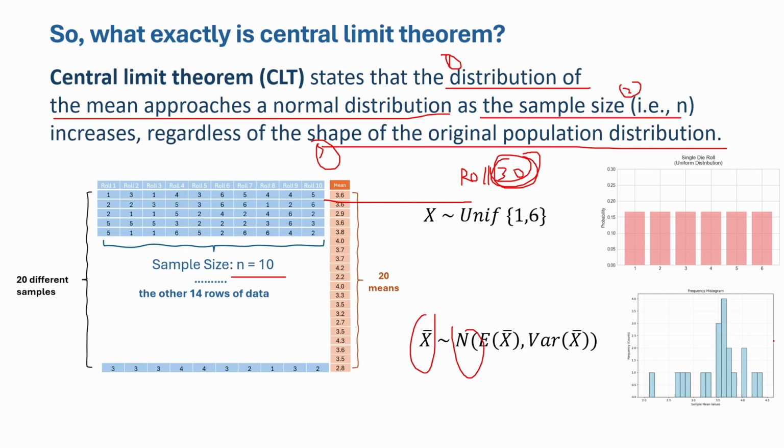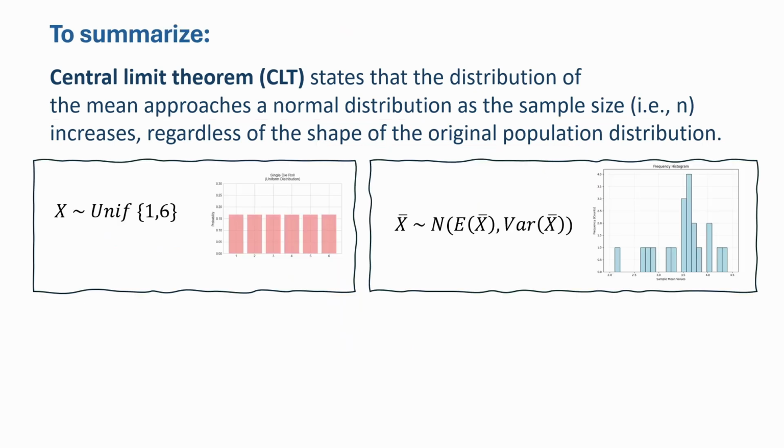So this is what it means, that the mean will follow the normal distribution regardless of the original population distribution. To summarize, the Central Limit Theorem suggests that if the sample size is large enough, regardless of the original population distribution, the sample mean will follow the normal distribution.